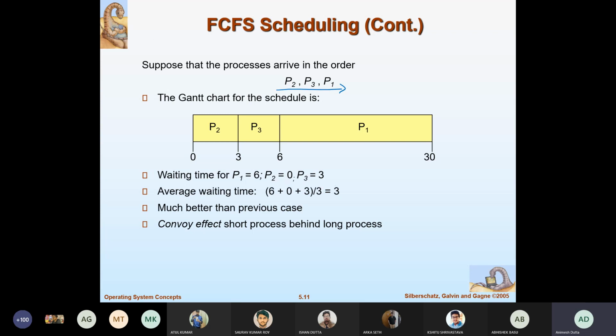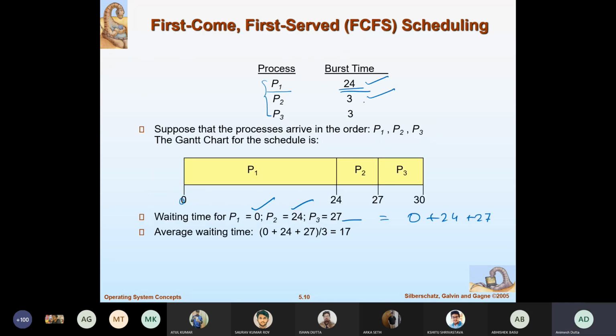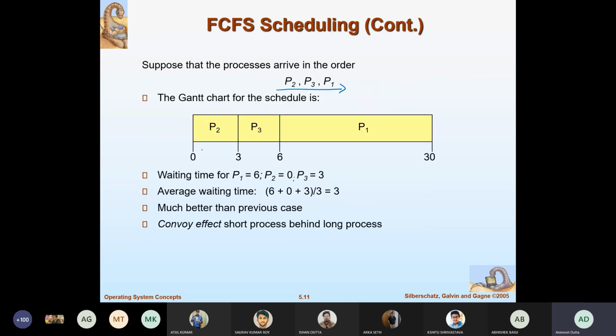P2 needs 3, P3 needs 3, P1 needs 24. So keep P2 for 3 milliseconds, then P3 for another 3 milliseconds, then P1 for 24.